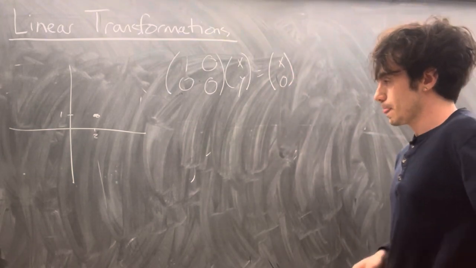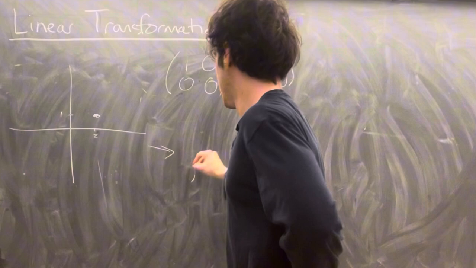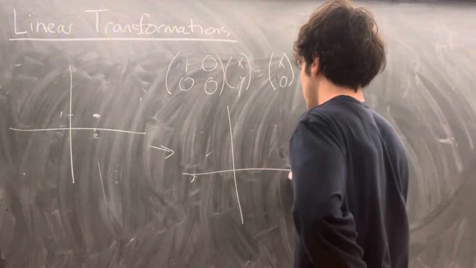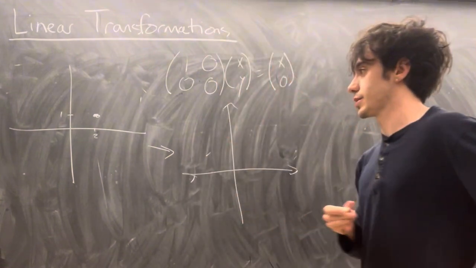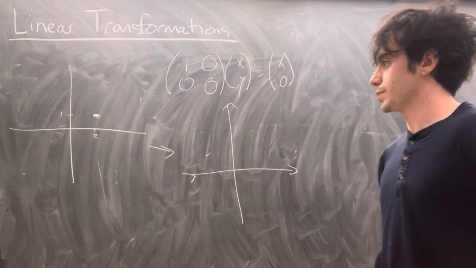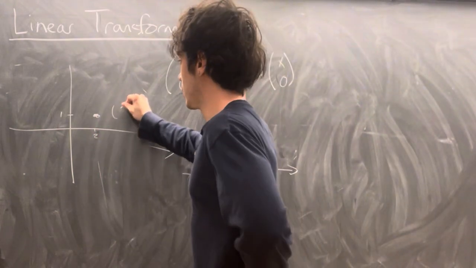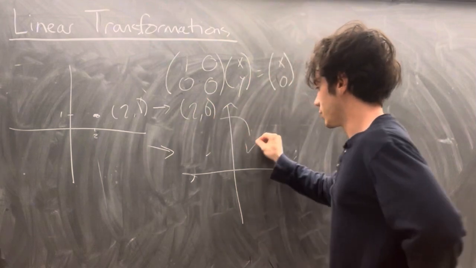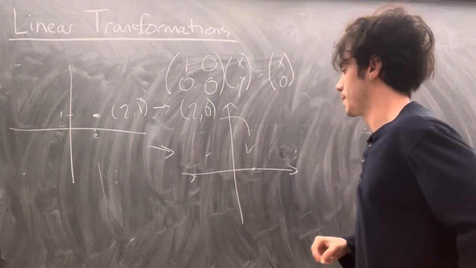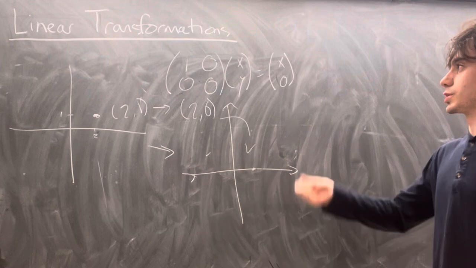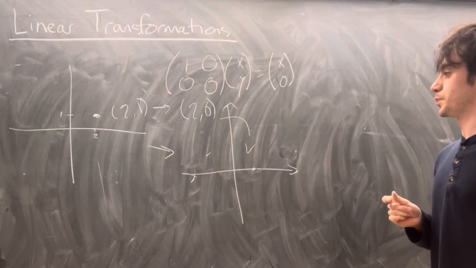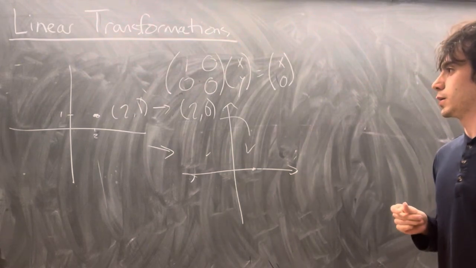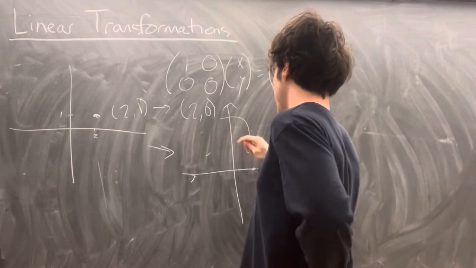So this one is going to do a different transformation. This one is going to collapse the values onto the x-axis. So you can imagine 2, 1 gets mapped to 2, 0, which is going to be right there. So this is another kind of linear transformation. But yeah, all the points here are going to follow this same pattern.